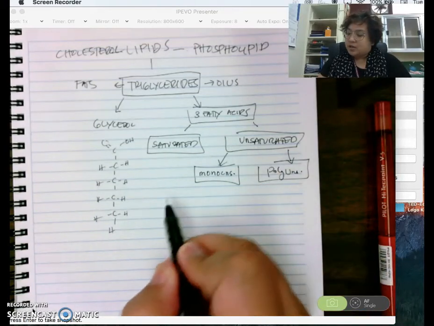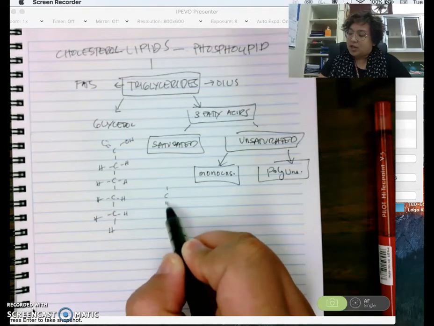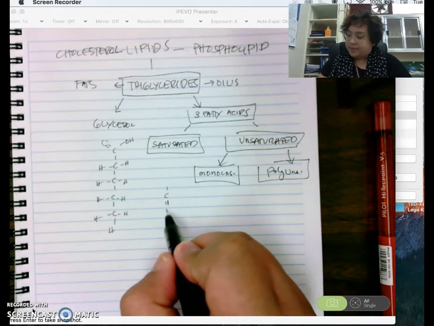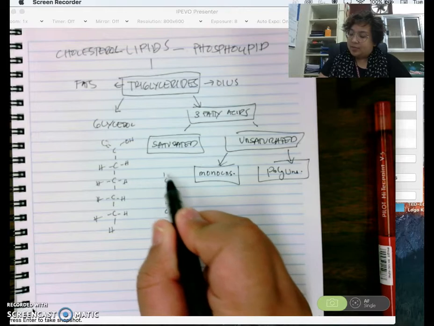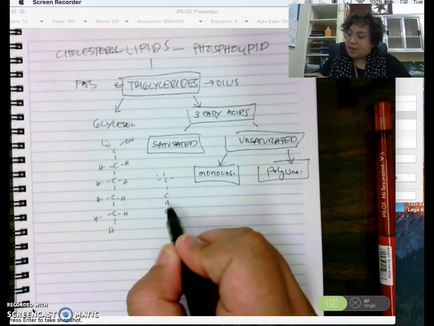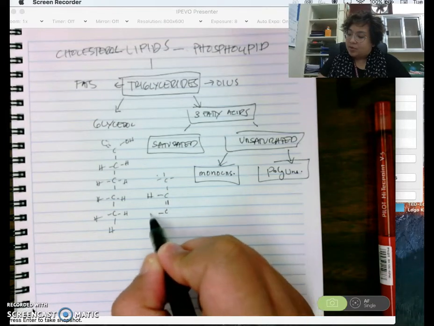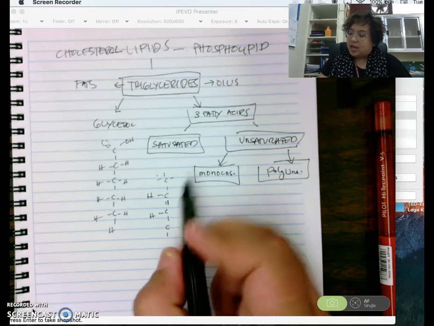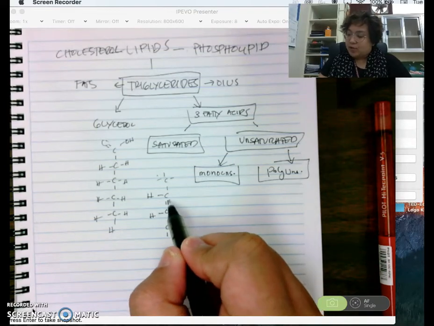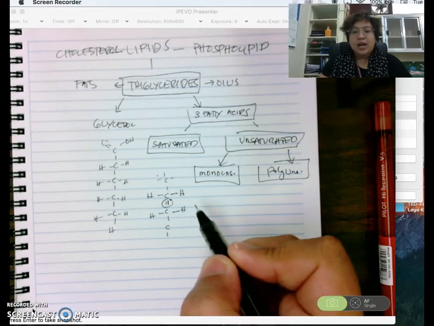For your unsaturated, it means there are some portions in your hydrocarbon chain where you find a double bond, and this position right here means 1, 2, 3, 4, 1, 2. It means that you can still remove the double bond right here and add hydrogens.